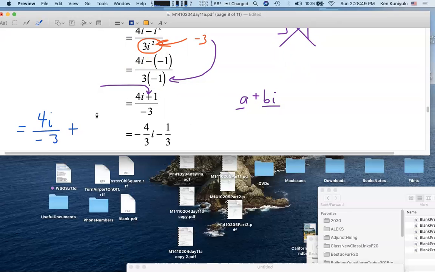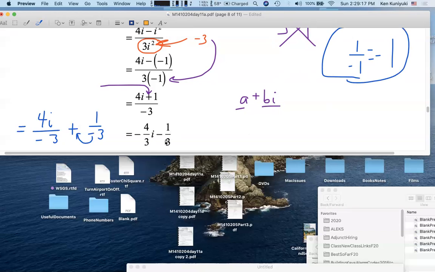plus 1 over -3. Now, if you look at 1 over -3, it should be evident that the -1 factor down here could pop out, and we get -1/3. The reason why this works is because 1 divided by -1 is -1. Normally we don't like popping out factors from the denominator, but a -1 factor you can pop out for this reason.